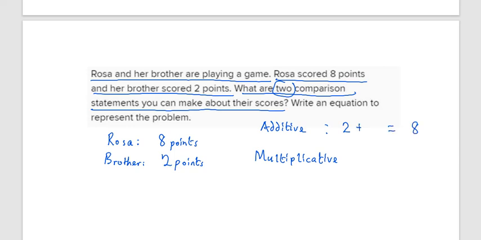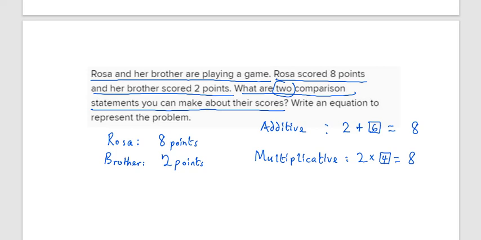So what am I going to add to 2 to get 8? That is 6. So we can say 6 more in this case. For the multiplicative, if I have 8 points and I have 2, I'm asking what am I going to multiply with 2 that will give me 8? And that is 4.